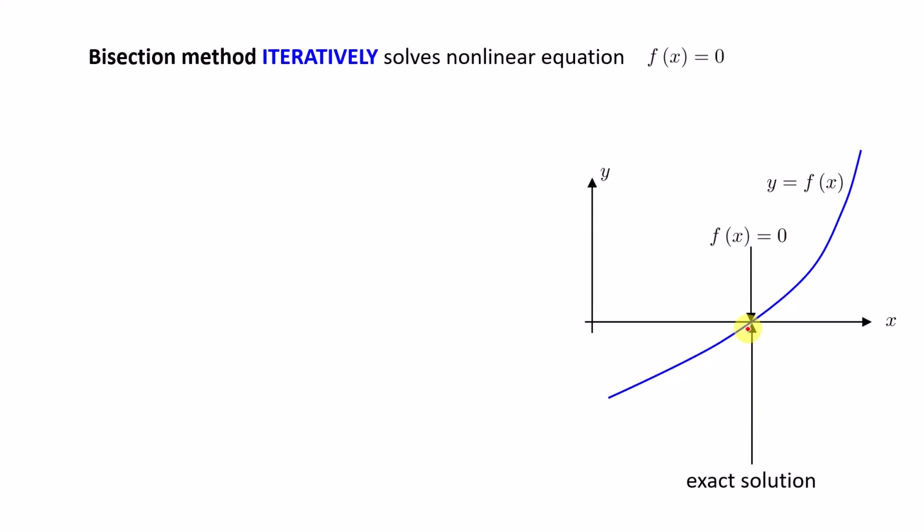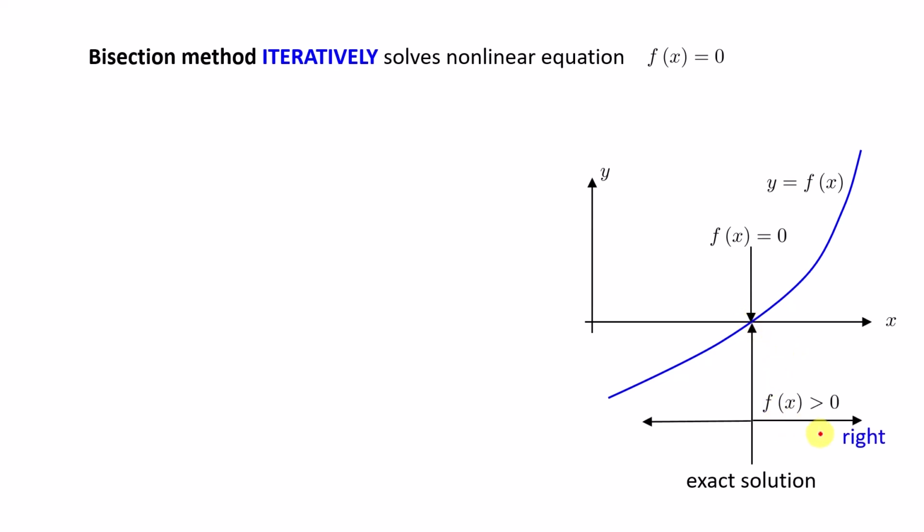So first, in this case, we know that f(x) = 0 gives the exact solution. We don't know the exact solution, but let us say that if we have it, then it will be at f(x) = 0. At this particular point where this blue curve cuts the x-axis, that would be the x location, and that x location would be the root of this equation.